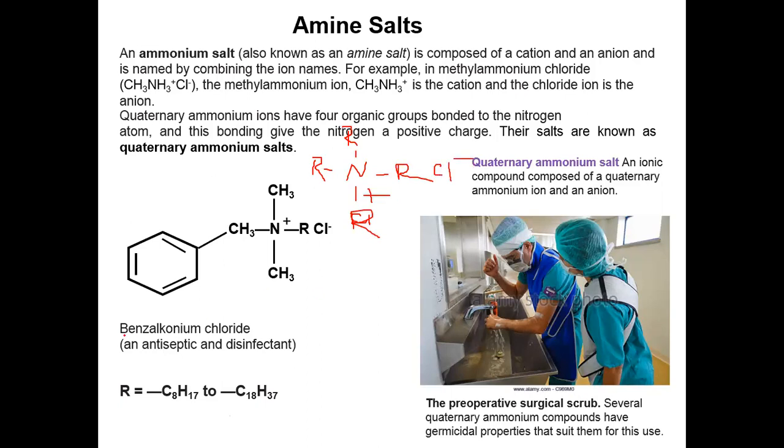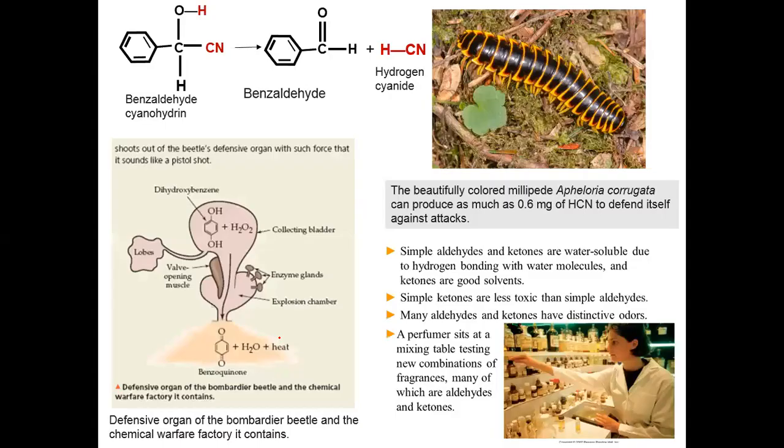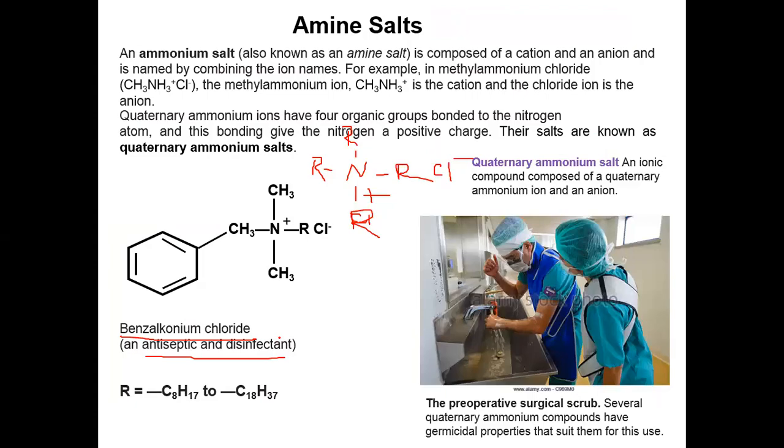This kind of salt, for example, benzalkonium chloride, is considered an antiseptic and disinfectant. It is also used as a surgical scrub. So you can see that there is a very wide application of amines. All right, so this is amine salt.